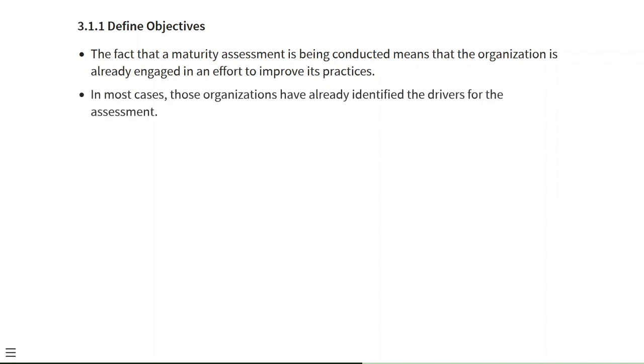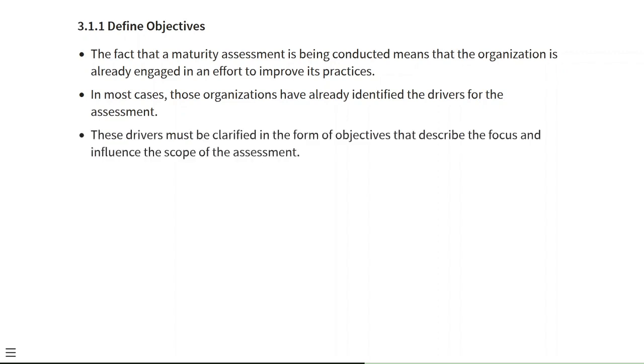The fact that a maturity assessment is being conducted means that the organization is already engaged in an effort to improve its practices. In most cases, those organizations have already identified the drivers for the assessment. These drivers must be clarified in the form of objectives that describe the focus and influence the scope of the assessment.